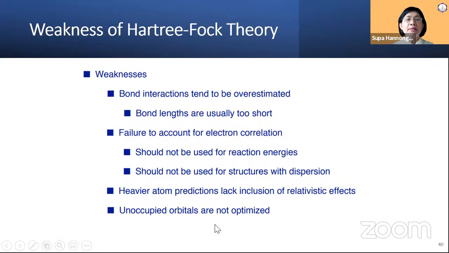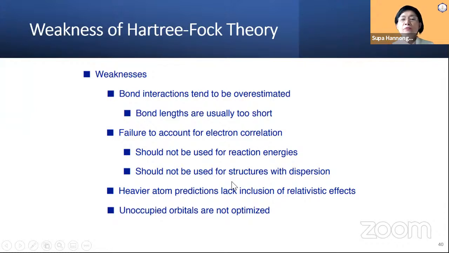Okay. However, there are some weaknesses, right? For example, in Hartree theory, the bond interactions tend to be overestimated, and the bond lengths are usually too short as compared to the real structure. And there is a failure to account for electron correlation. Therefore, Hartree should not be used for reaction energies, but potential energy is fine, okay?